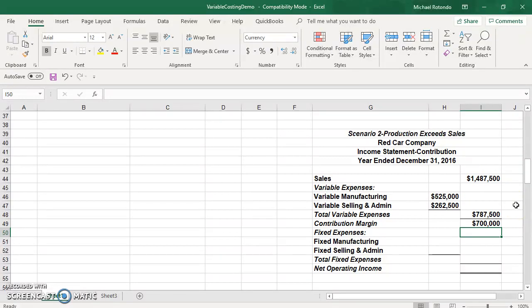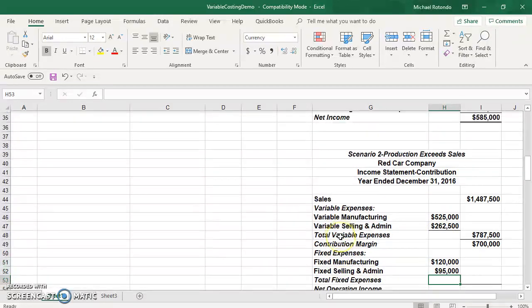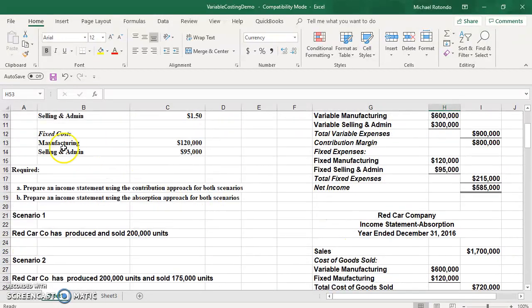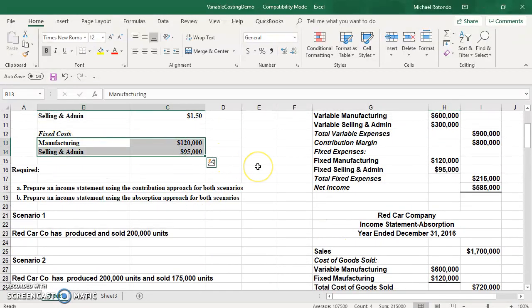Now, when we do the contribution margin income statement, again, all fixed expenses are period costs. So we're going to take the full 120 and the full 95. Of course, selling and admin is always a period cost. Okay, and if you recall, that was our situation up here.